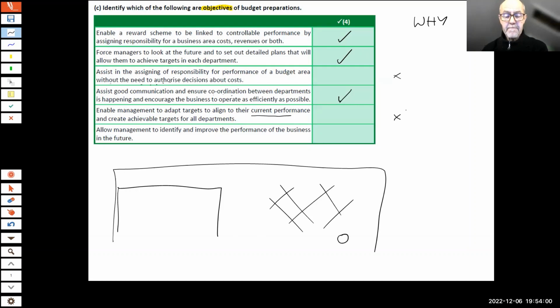That's not very good, is it? With a bit better wording, enable management to set targets based on achievable performance. Not so bad. But allow management to identify and improve the performance of the business in the future. You're looking for opportunities all the time.